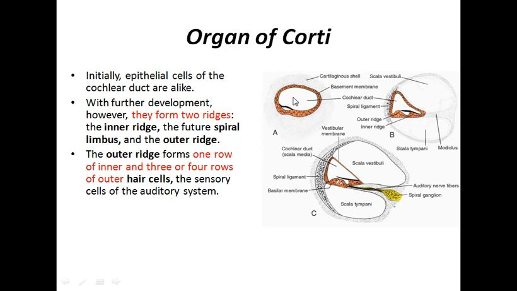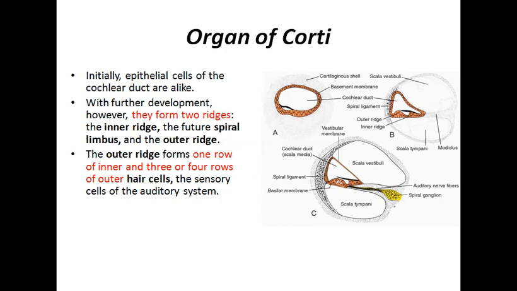You can easily see over here, यहाँ पे कोई significant ridges नहीं है. यहाँ पे अब ये दो ridges में अपने आप को compile कर लेंगे, the outer ridge and the inner ridge, right? The inner ridge will form here, yeah, the inner ridge will form the future spiral limbus. ये spiral limbus बनाएगा, and this is the outer ridge. Outer ridge will actually form the hair cells, rows of hair cells बनाएगा. These are the sensory cells of the auditory system.